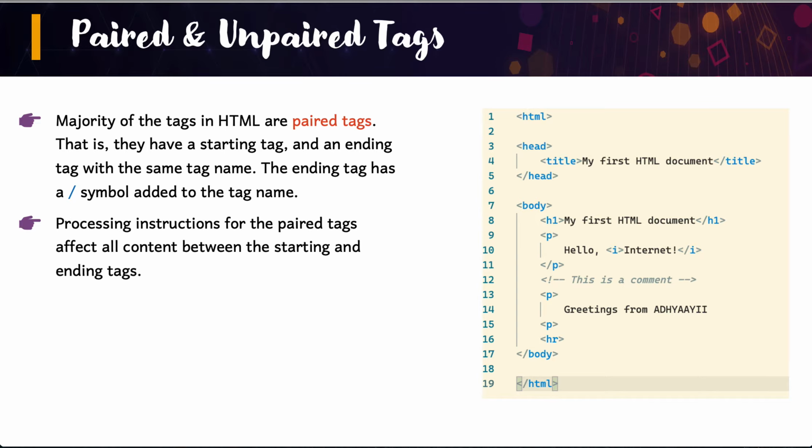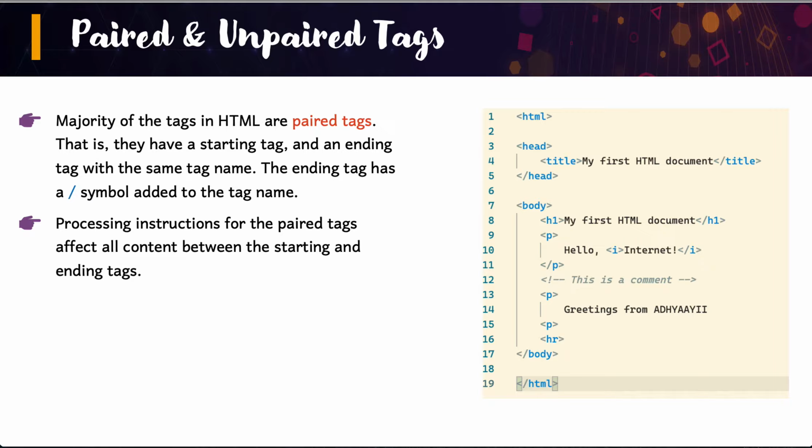Now, as we have seen in the last slide, the processing instructions for a paired tag impact all the content between the starting tag and the ending tag. For example, we say that line number 7 has a body tag and it is ending in line number 17.